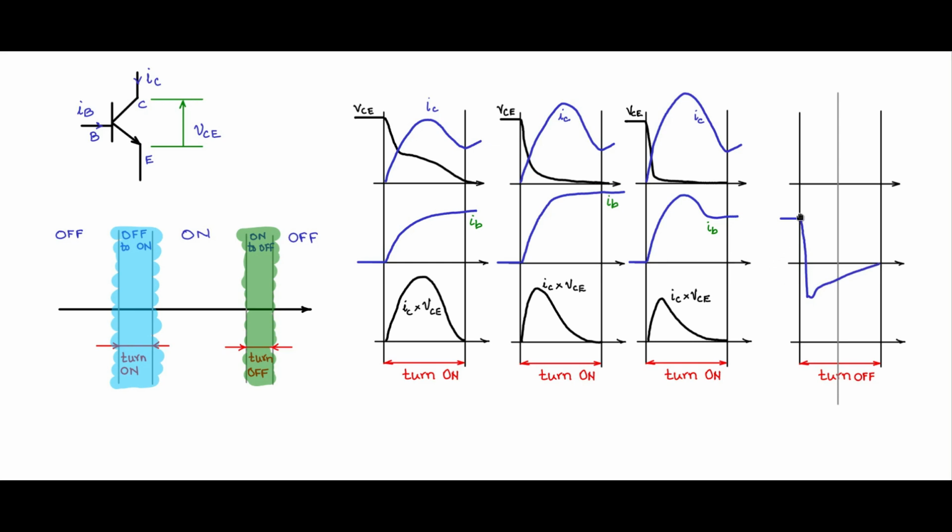Even though you have initiated removal of the base current here, you have stopped the base drive, it takes some time for the base charge to recombine, and the area under this curve is the base charge that has been removed, and that takes a finite time.